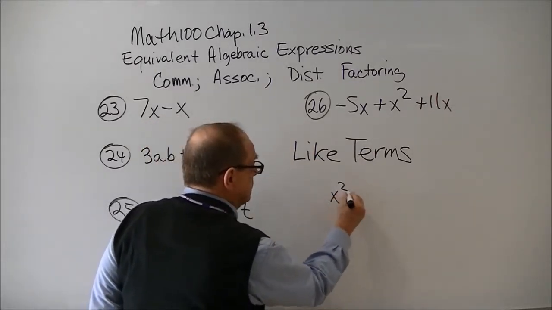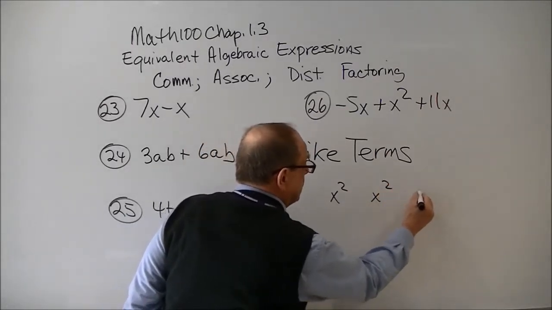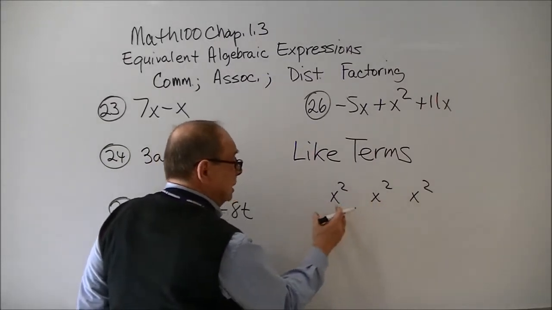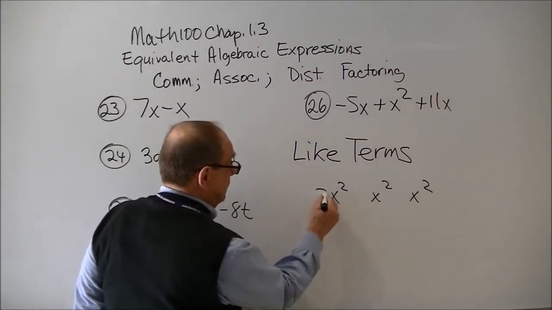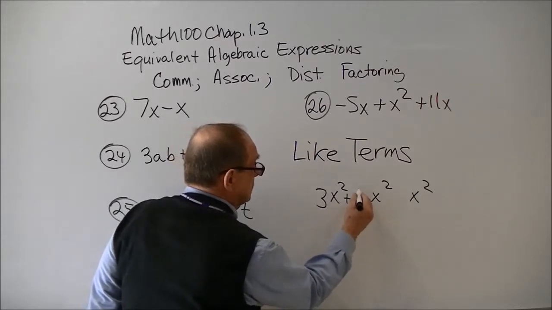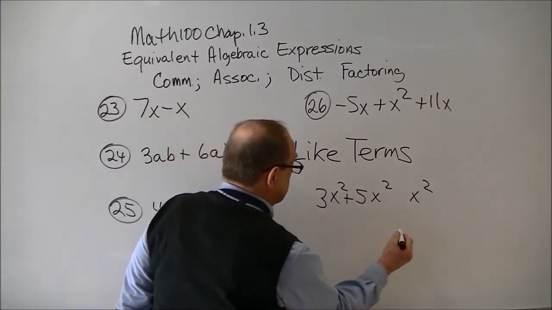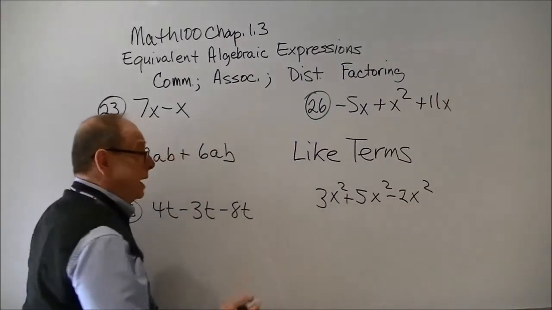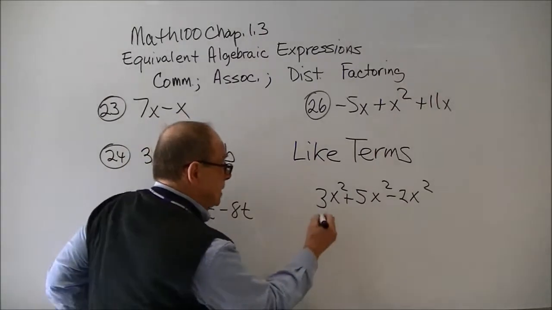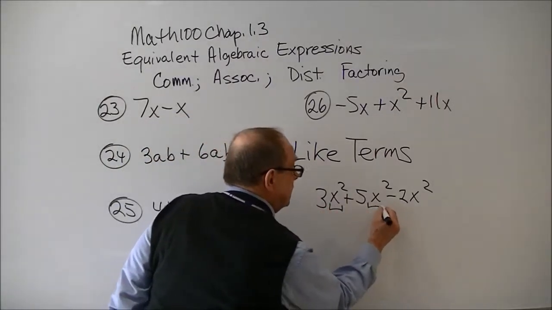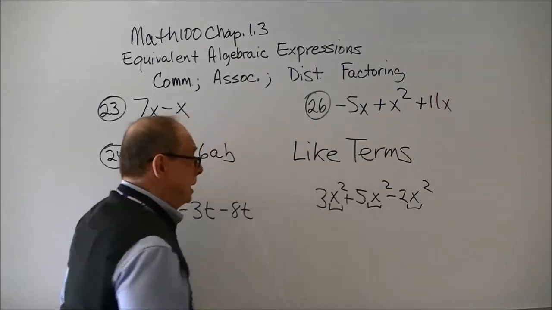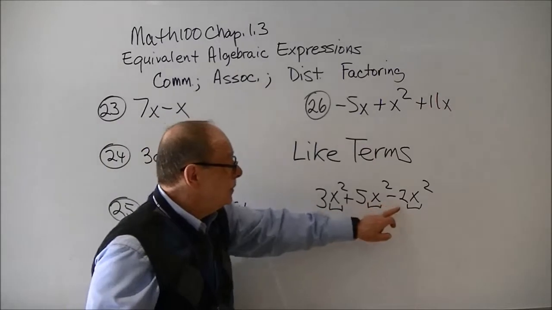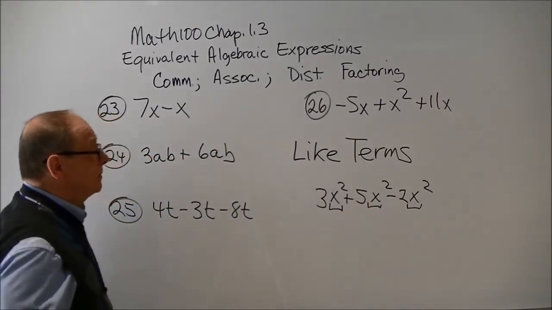So something whose variable was x squared, these would be like terms. You might have 3x plus 5x squared, of course, minus 2x squared. These would be like terms because the variable is exactly the same. And basically what you're going to deal with are the numerical coefficients of these terms.